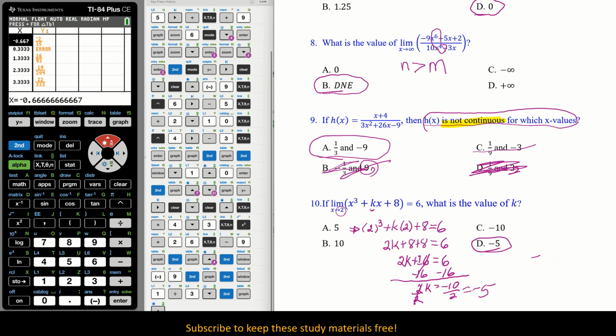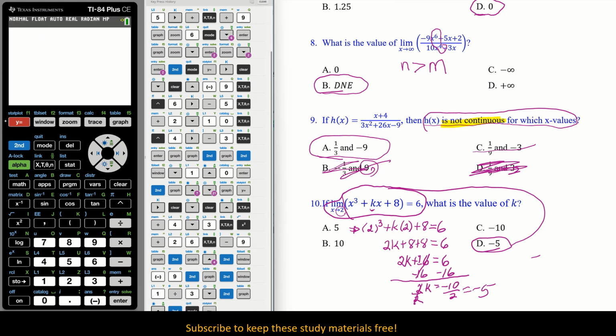Now that we see the -5, put that -5 in for the k, just to double check it. Then we'll go to where 2 is and check the 6. Let me show you. I think I'm being too confusing, too cryptic.